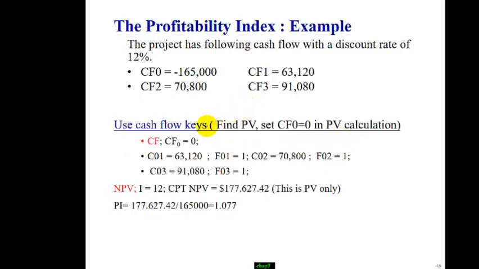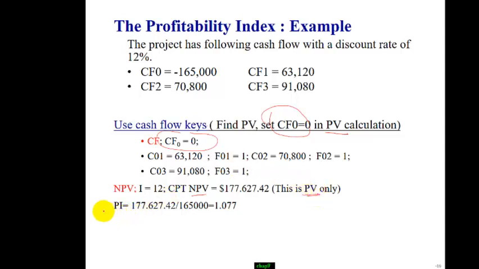If we use the cash flow keys, the only difference compared to NPV is that we are looking for PV only, not net present value. So we leave the initial cash flow at 0. Don't enter the initial outflow for now. We go through the same procedure and compute NPV, which essentially is PV in this case.